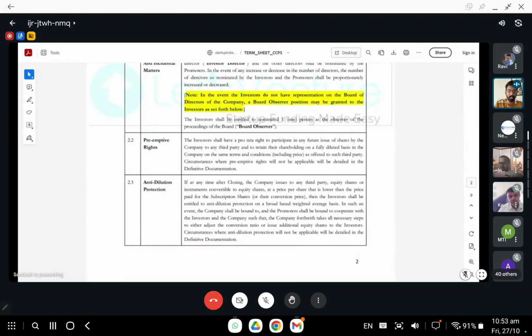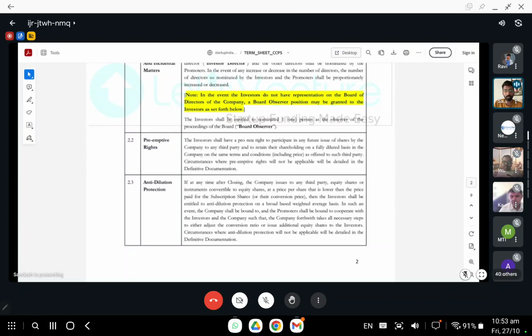It is not that you are giving away your existing shares to an investor and taking that money into your pocket. Rather, it is the company that is issuing fresh shares to an investor, and the investor is putting money into the bank account of the company. Which is why I said in the starting of the presentation that a company is a separate, distinct entity and a separate, distinct person altogether.